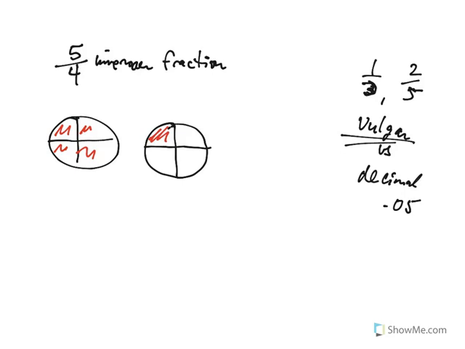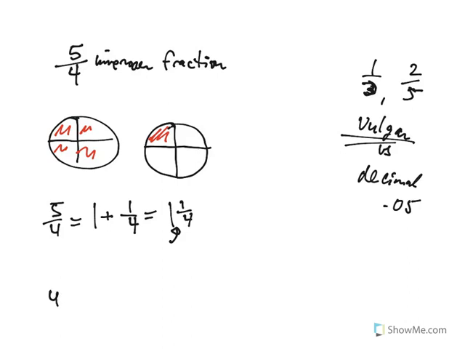So 5/4 we say is equivalent to 1 plus 1/4, which we write as just 1 and 1/4. So there's nothing in between there. It's kind of funny because in math, a lot of times when there's nothing between two things, it means multiply. But in this case, the nothing between two things means that they're being added together.